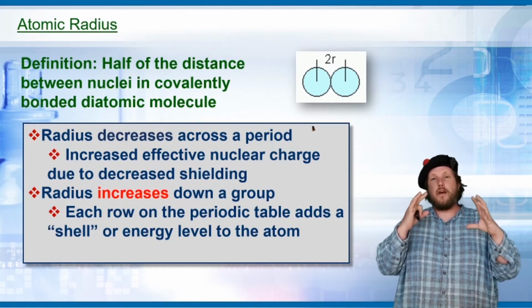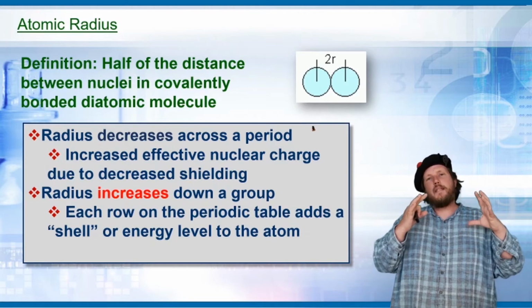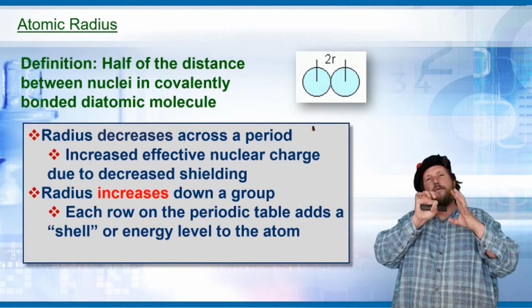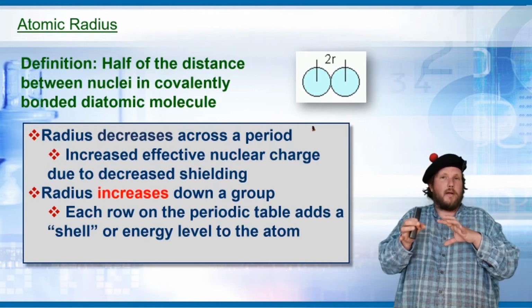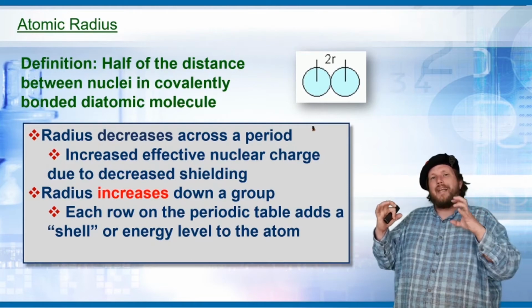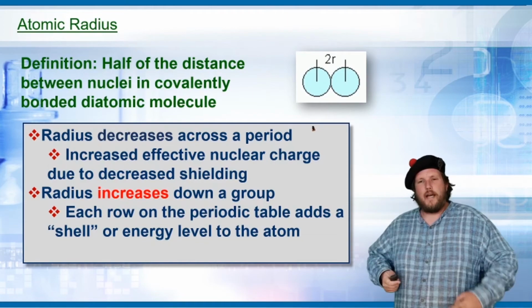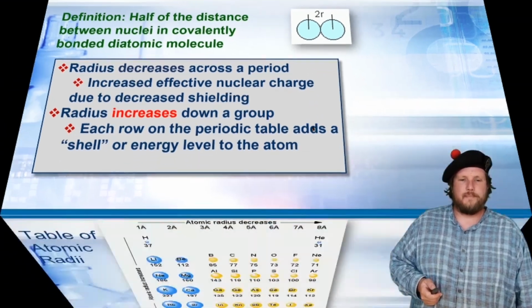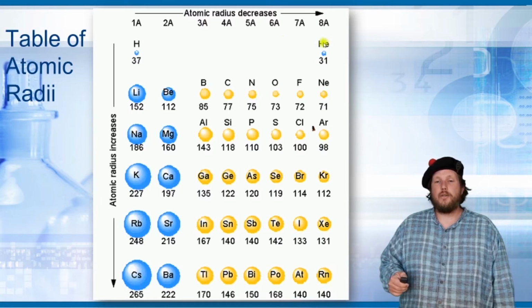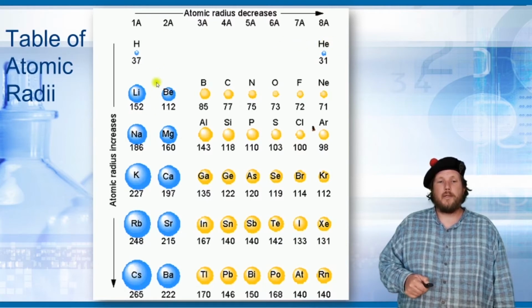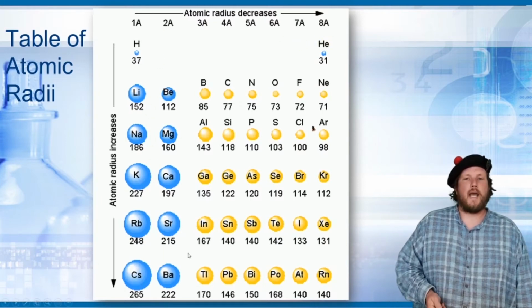But as you go across, it feels to the outer electrons like more and more positive charge, because you're increasing the positive charge, and it pulls them in a little bit tighter. The atomic radius decreases as you go across, and the atomic radius increases as you go down.